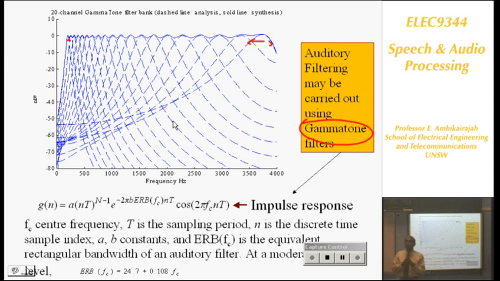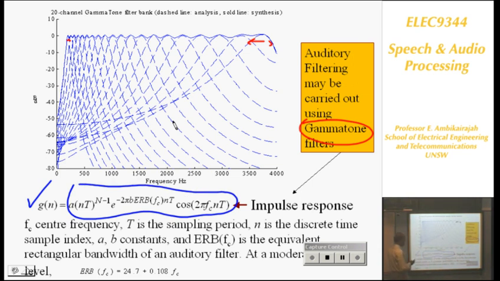Once they knew the frequency response, they fitted a curve, which is the gammatone curve, basically an equation of an impulse response. Here this is your impulse response. If you work this out for various center frequencies, it will give you impulse responses like that, and if you take the Fourier transform of that, you will get these ones.